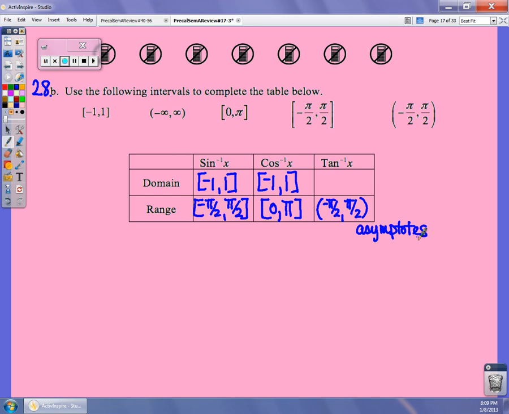Of course, the range for the tangent function is negative infinity to positive infinity, so that becomes the domain of the inverse function.